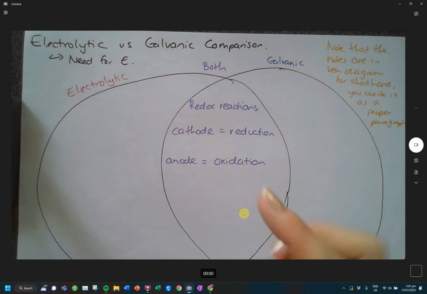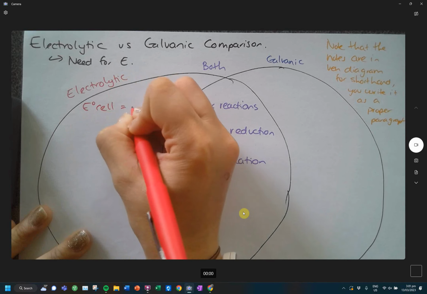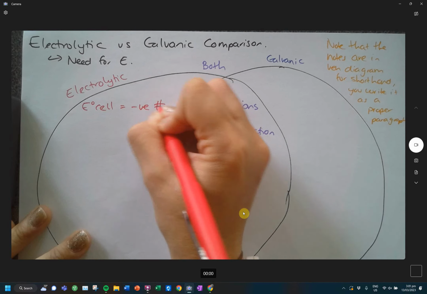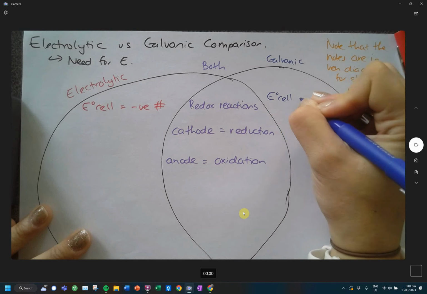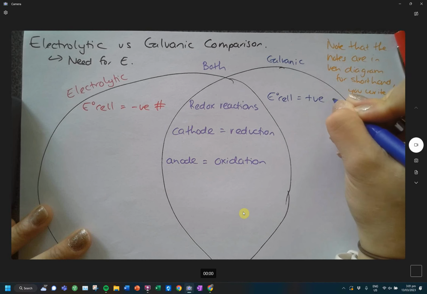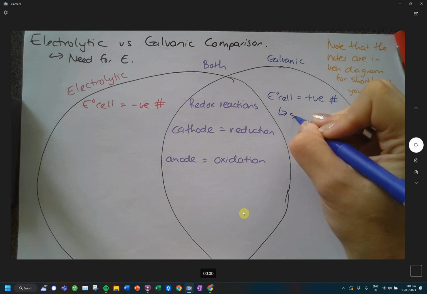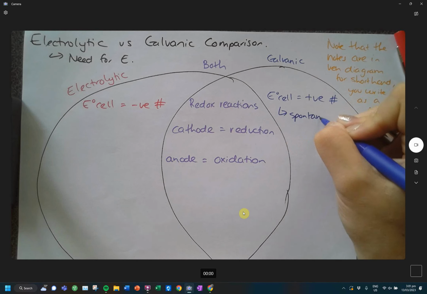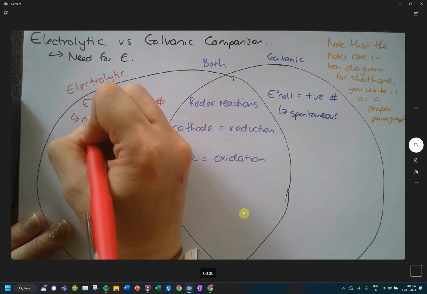So when we do the electrolytic cell, the E cell calculation equals a negative number, whereas the galvanic cell, the E cell calculation, is going to be a positive number. What does that mean to us? What does the positive number mean? Spontaneous. What does the negative number mean? Non-spontaneous.